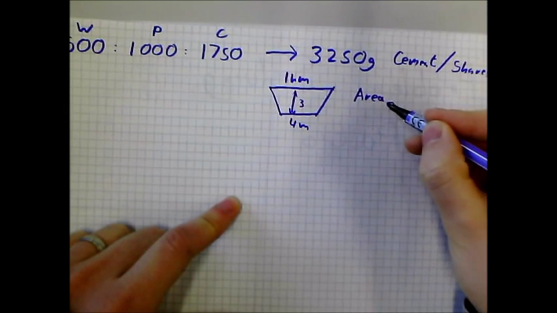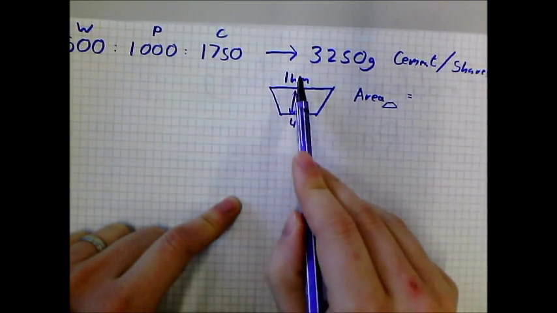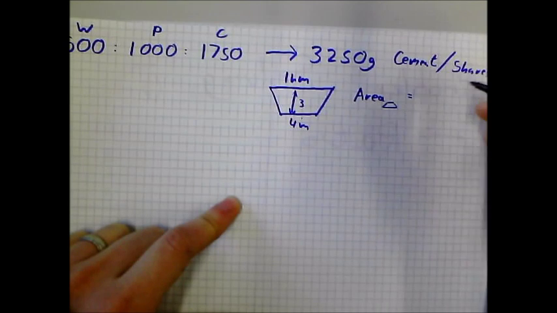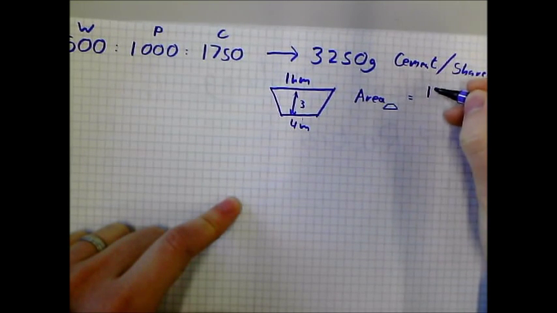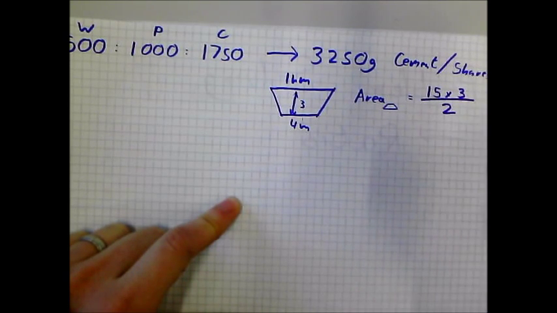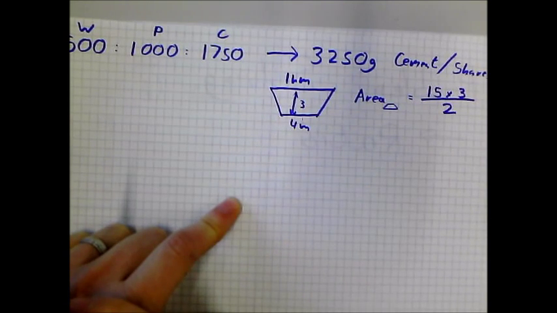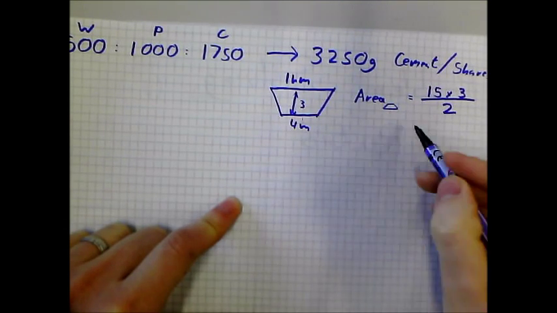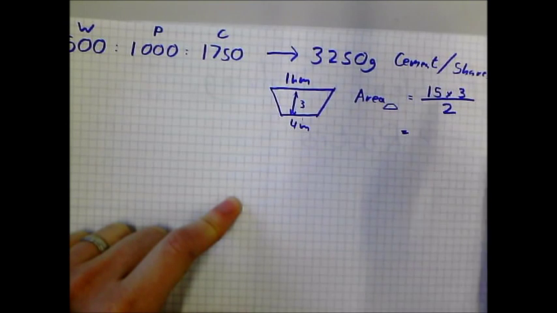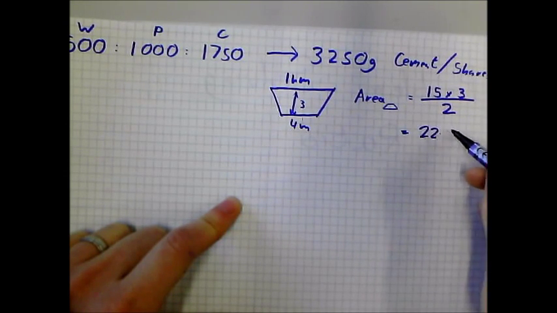The area of a trapezium is equal to the two parallel sides added together, which is 15, multiplied by the height, and then halve your answer. A bit like how we do for a parallelogram: work out the area of the parallelogram and then half your answer. Once you do that, either on the calculator or in your head, you'll find that's 22.5 meters squared.